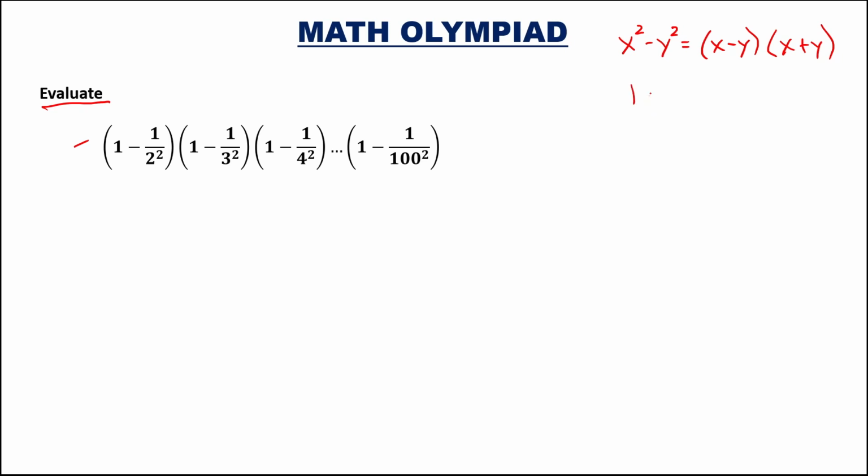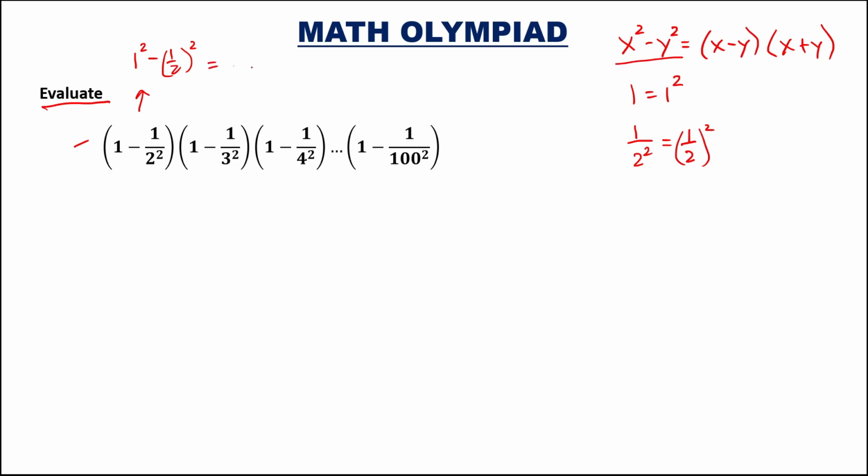Then for 1, this is equal to 1 squared, and for 1 over 2 to the power 2, we can rewrite this as 1 over 2, then quantity to the power 2. So for this given, we can have 1 squared minus 1 to the power 2 quantity to the power 2. So we can apply now this difference of two squares.